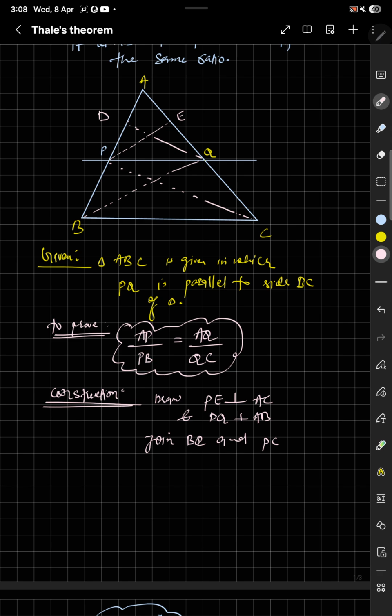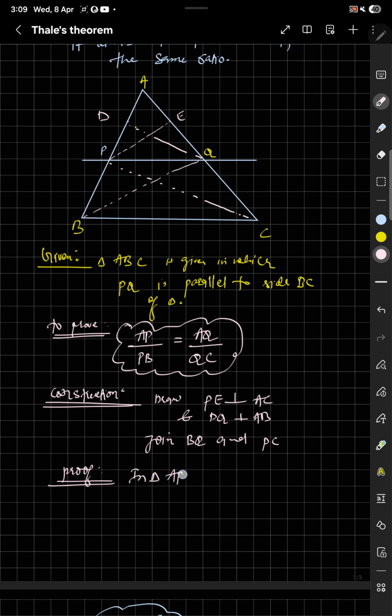After joining this, what you have to do here is we have to prove. Okay, you have to prove. So now let's look into the triangle APQ.